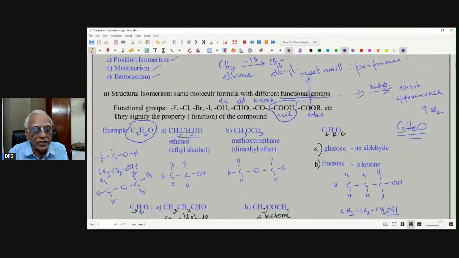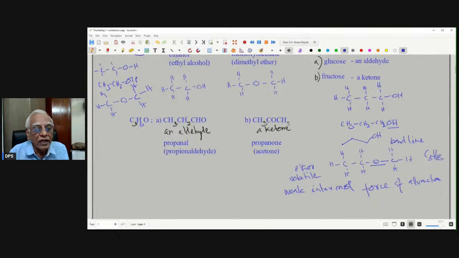Okay, another example is going to be C3H6O. This can be connected with 3 carbon atoms together, all the 3 carbon atoms. But we have to account for one oxygen atom. You put hydrogen, hydrogen, third hydrogen, fourth, fifth, and we have already accounted for all the 6 hydrogen atoms.